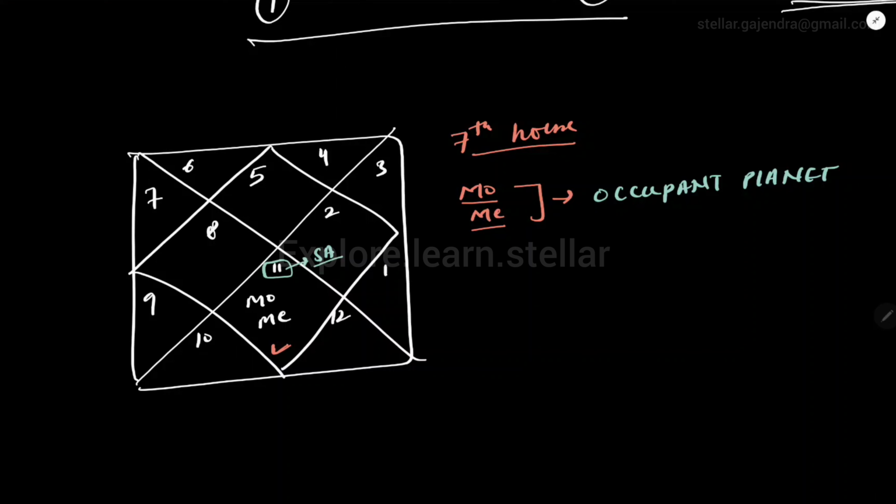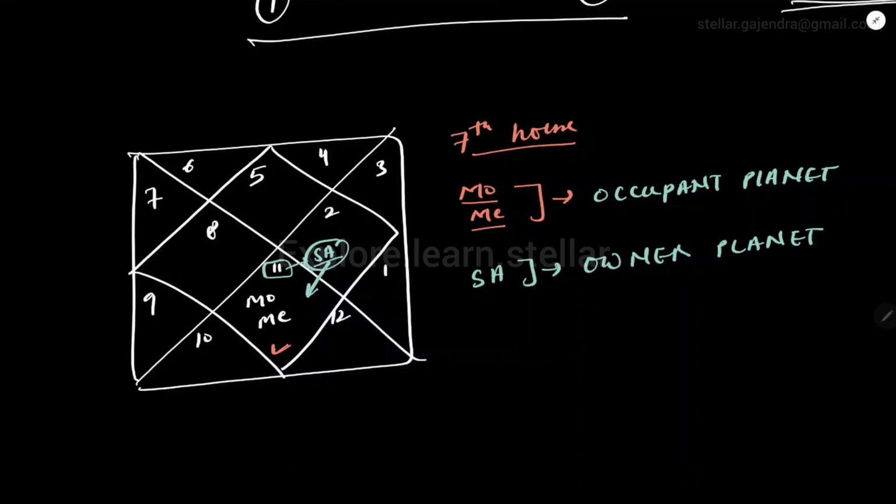So we can say Saturn is the owner planet of this particular house, that is the 7th house. So for the 7th house, the occupant planets would be the Moon and Mercury. Again, the occupant planet means the planet that is posited in that particular bhav, and the owner planet would be the lord of the sign which is rising in that particular house, right?